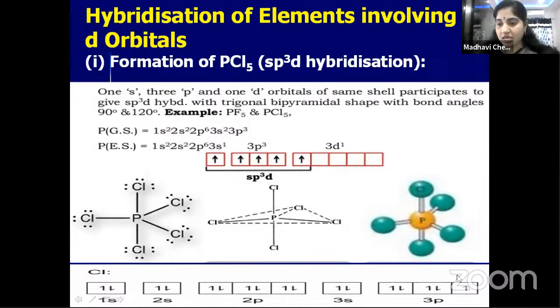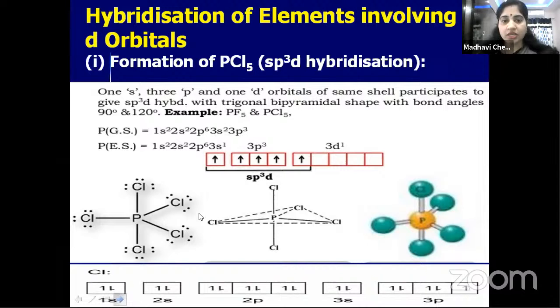If you see, each chlorine is having one p orbital which is having one unpaired electron. What is the shape of p orbital? Dumbbell shape, and chlorine is having how many p orbitals which are having unpaired electron? Only one p orbital which is having unpaired electron.